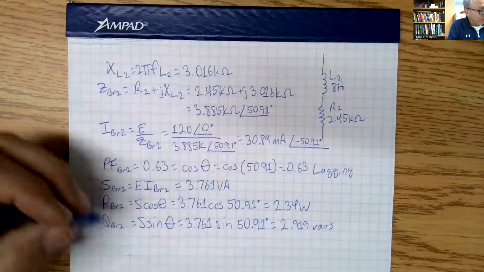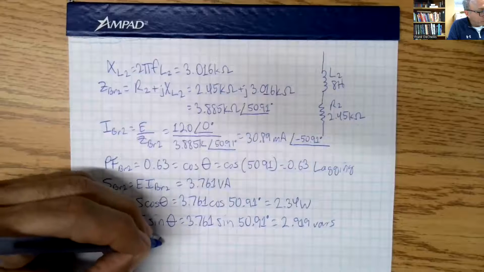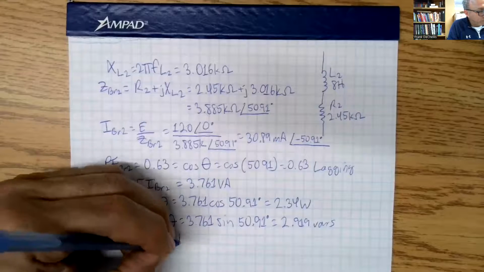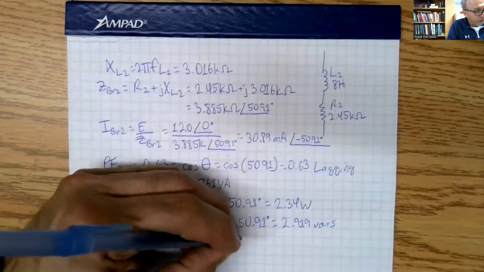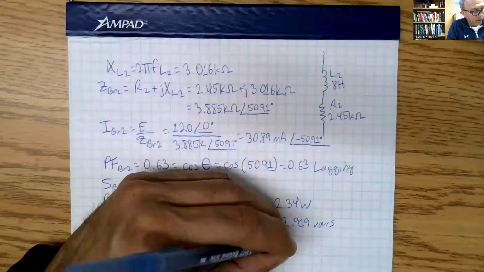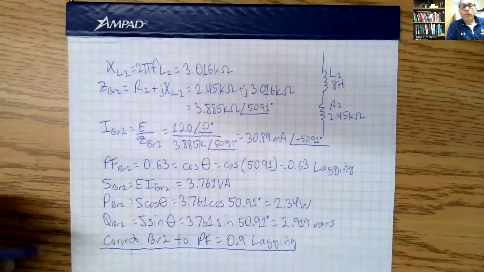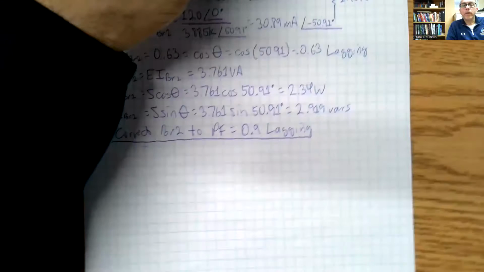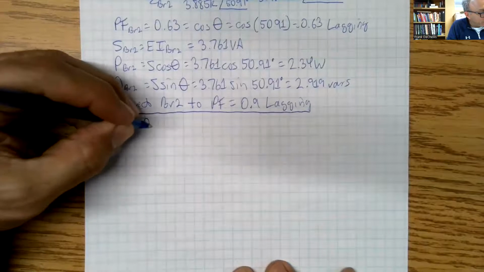So let's correct branch 2. So PF, power factor, equals 0.9 lagging. All right. So what do we know here? Well, we know that power factor is now equal to 0.9.